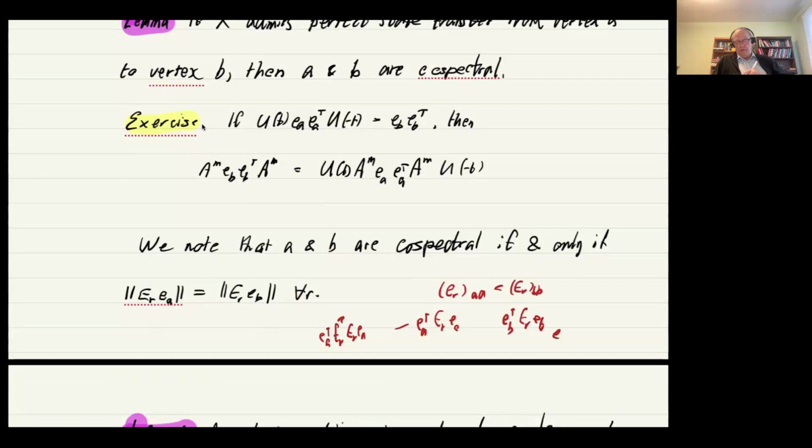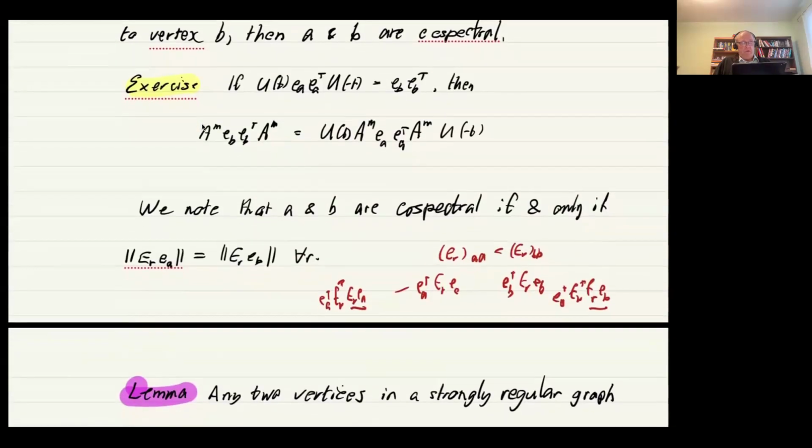And similarly for b. So this tells us that if the diagonal entries of the idempotent at a and b are equal, then the vectors E_r e_a and E_r e_b have the same norm. That's what that says. That will come up before too long.